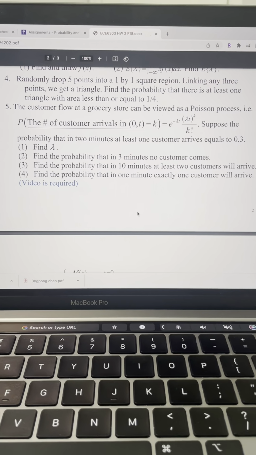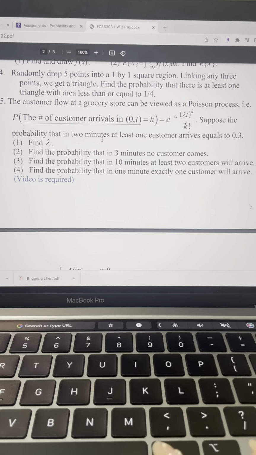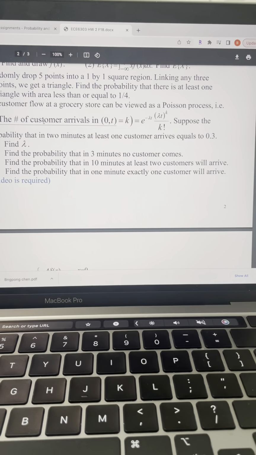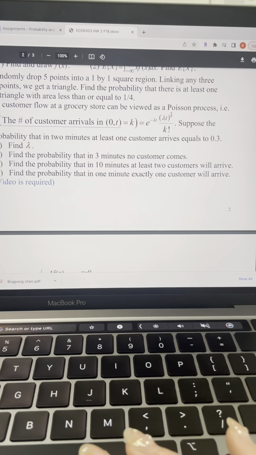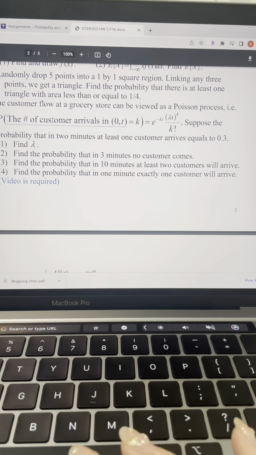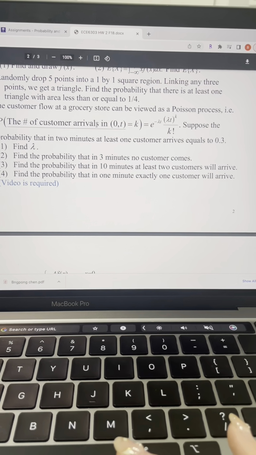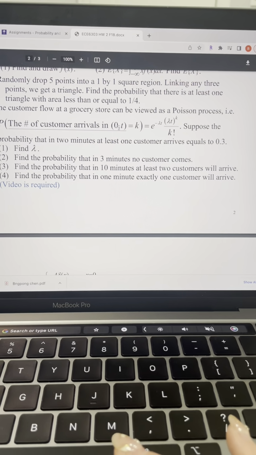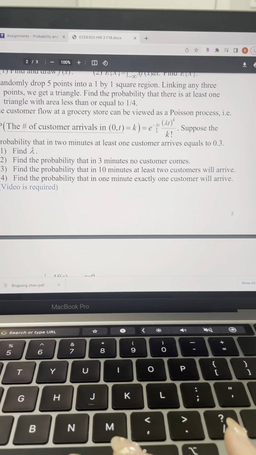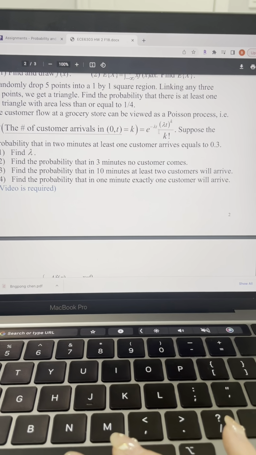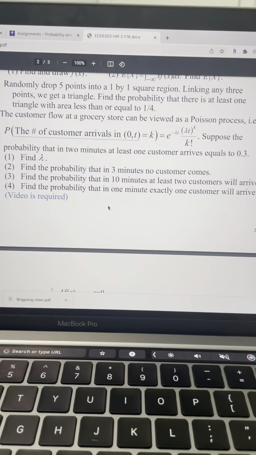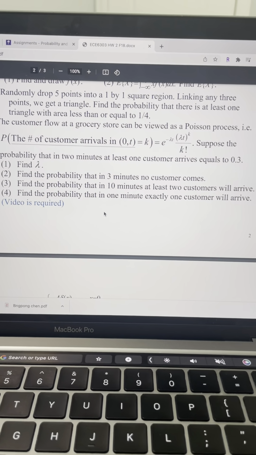On this question, we are given that the customer flow at a grocery store can be viewed as a Poisson process, and the equation for the probability of the number of customers arriving in 0 minutes to t minutes is equal to e to the negative lambda t times lambda t to the k's power divided by k factorial.